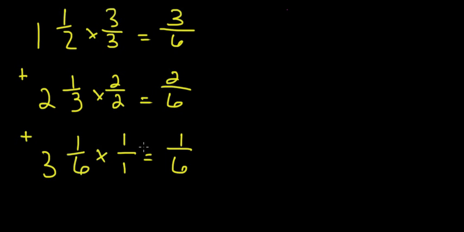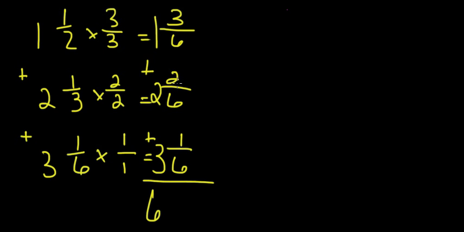Ben, what do I do next? Yes. Okay, I have to bring over the whole numbers. I have to bring over the 1, the 2, and the 3, and I add these up. And what do I get, Ben? 6.